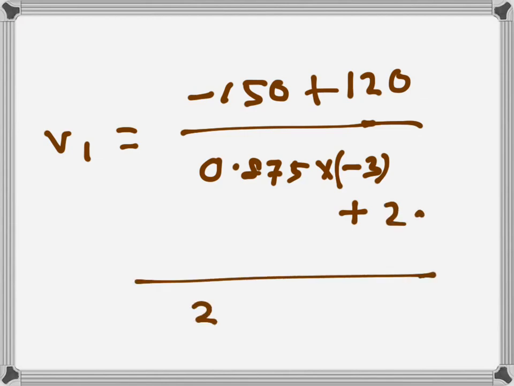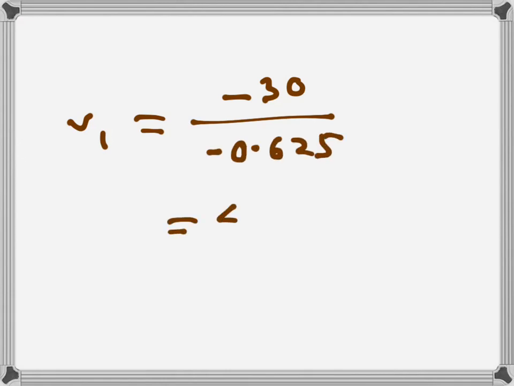So this is becoming 2.625 minus, and then plus 2, and in the numerator it is becoming minus 30. So V1 equals minus 30 over minus 0.625, which gives us 48 volts. So yeah, we can do that.